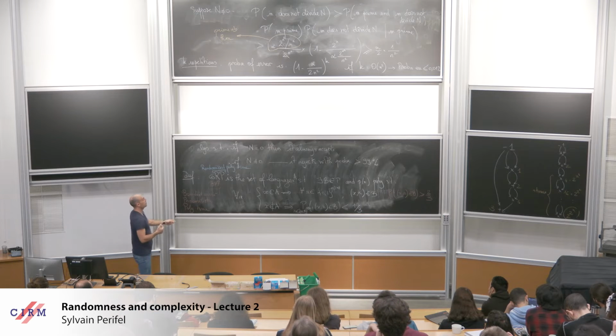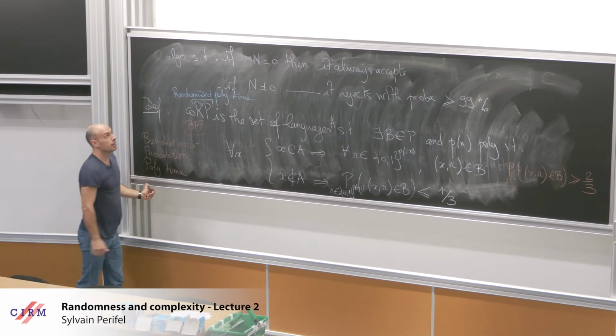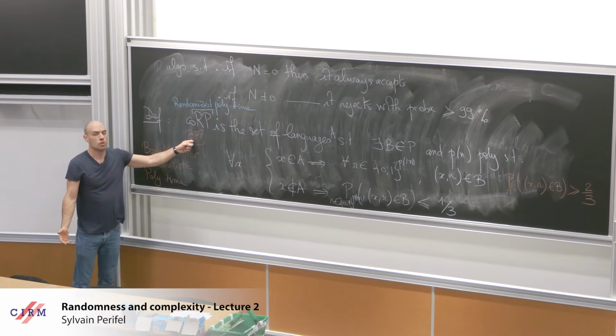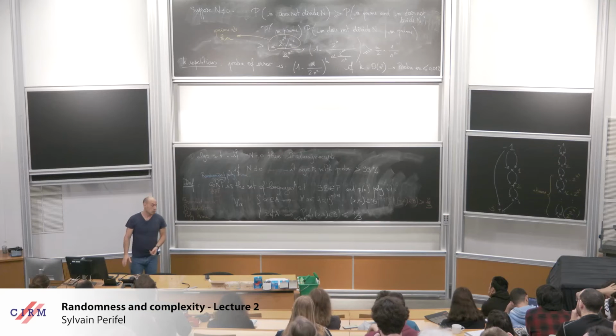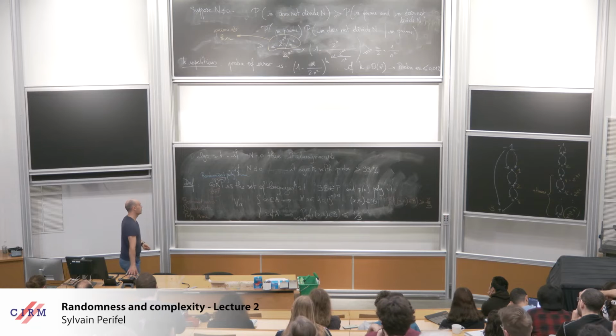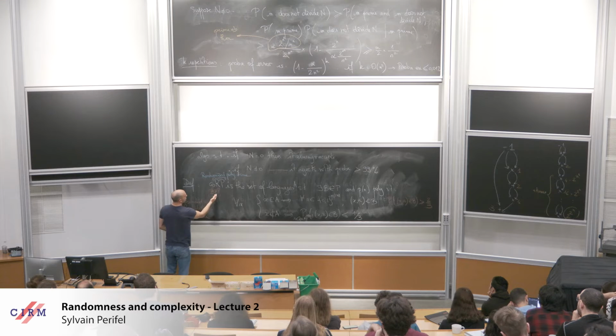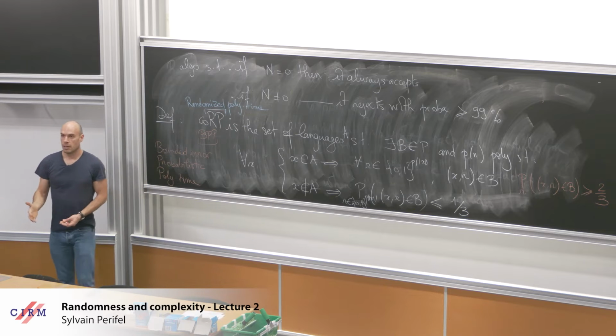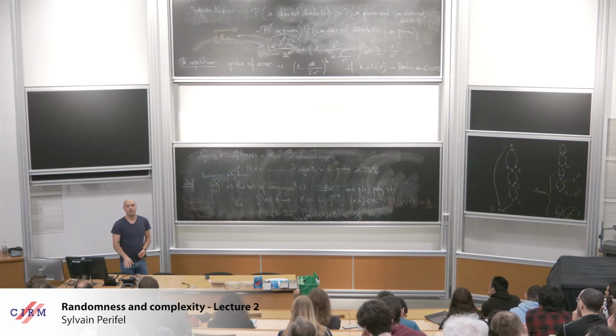And so why did I speak first of co-RP and not BPP? BPP seems to be a more natural class, but actually we don't know of problems that are in BPP without being already in either co-RP or RP. Actually, we know some, but they are not very natural.